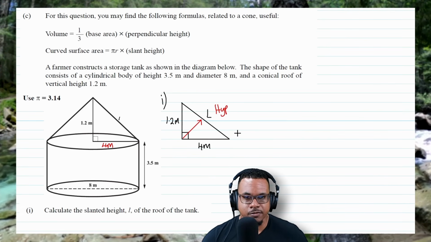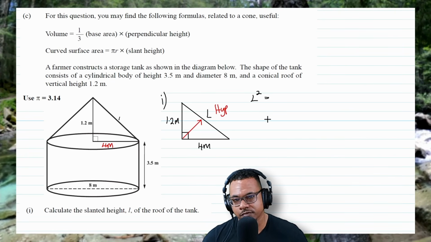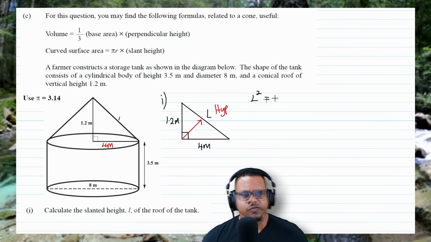Pythagoras theorem states that the square on the hypotenuse, so that'll be L squared, is equal to the sum of the squares on the other two sides. So that will be 1.2 squared plus 4 squared. So L would be equal to the square root of 1.2 squared plus 4 squared.